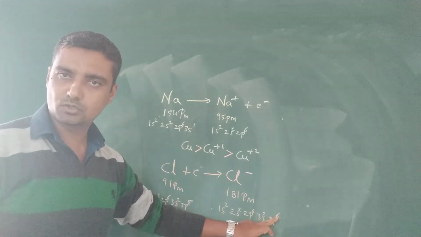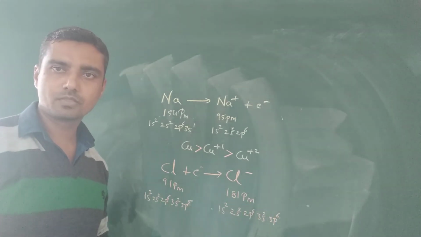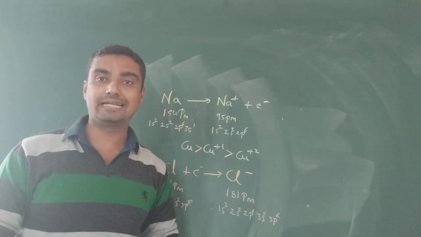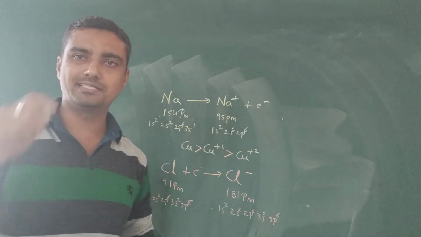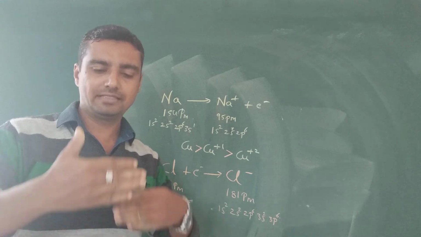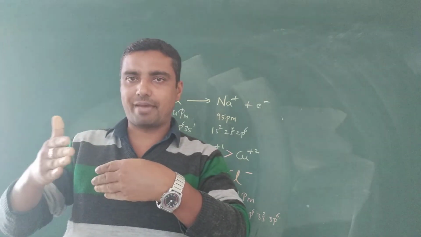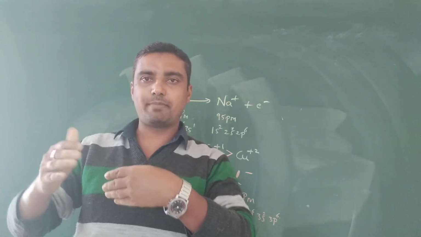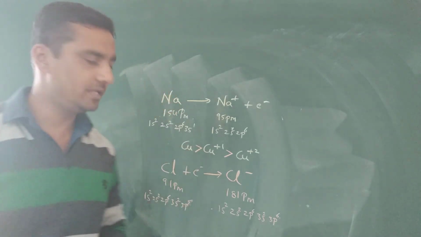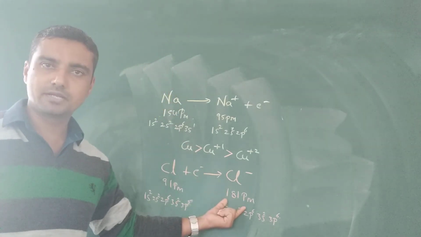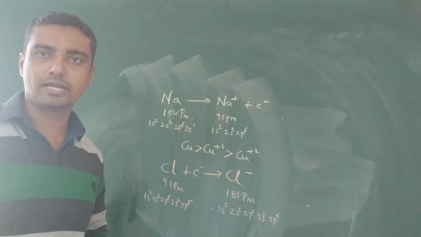After adding 1 electron to the chlorine atom, the force of attraction decreases and the effective nuclear charge decreases, so the size expands. That is why anions are larger in size as compared to the neutral atom.